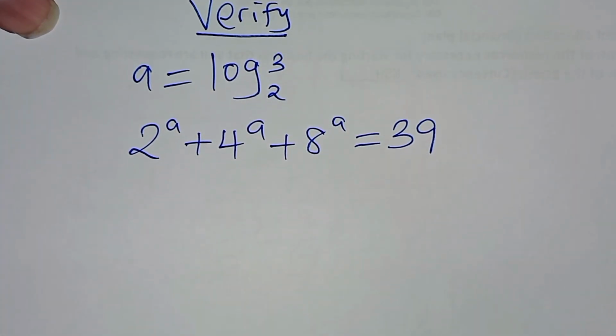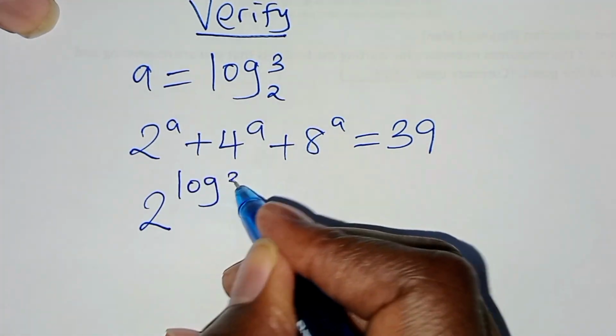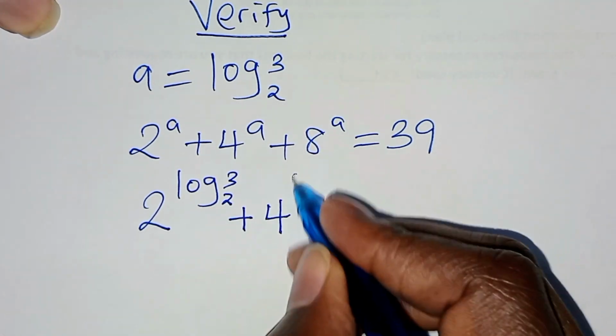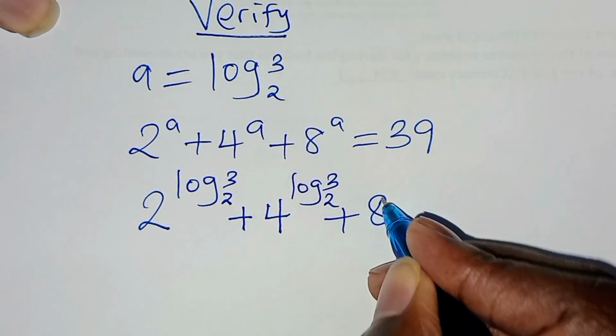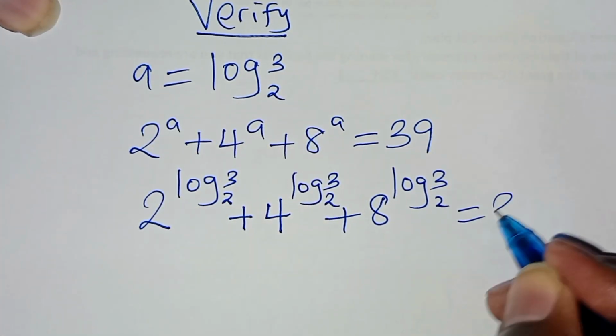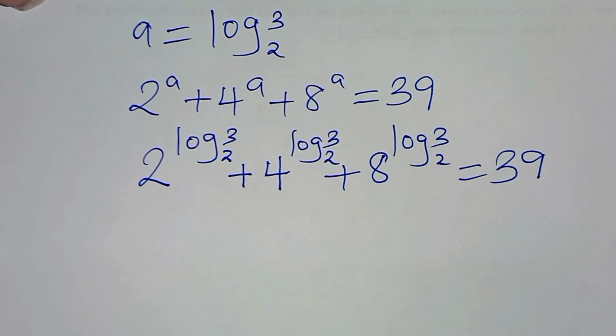Let's substitute the value of a. So we'll have 2 to the power log 3 to base 2 plus 4 raised to the power log 3 to base 2 plus 8 to the power log 3 to base 2. This should give us a value of 39. Let's check if this is true.